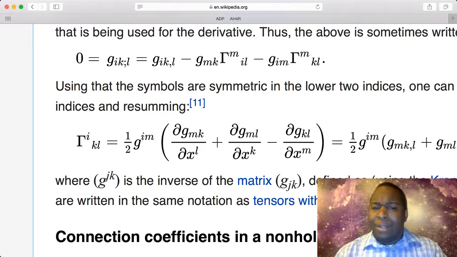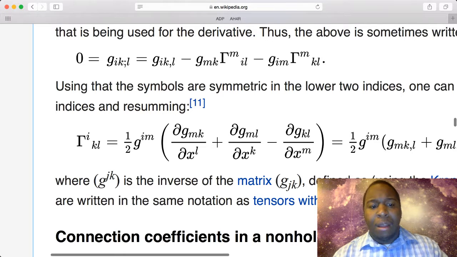I might end up having to explain that again, because that was probably not a good way of explaining it. But this is the equation we're dealing with for our Christoffel symbols.